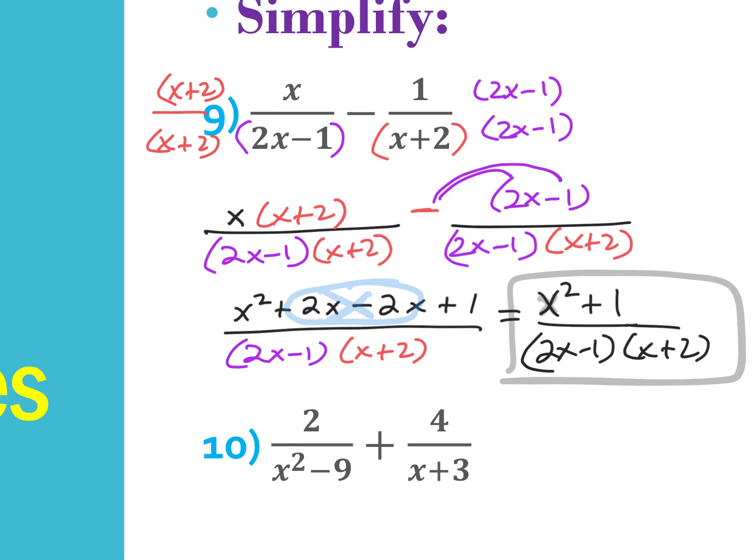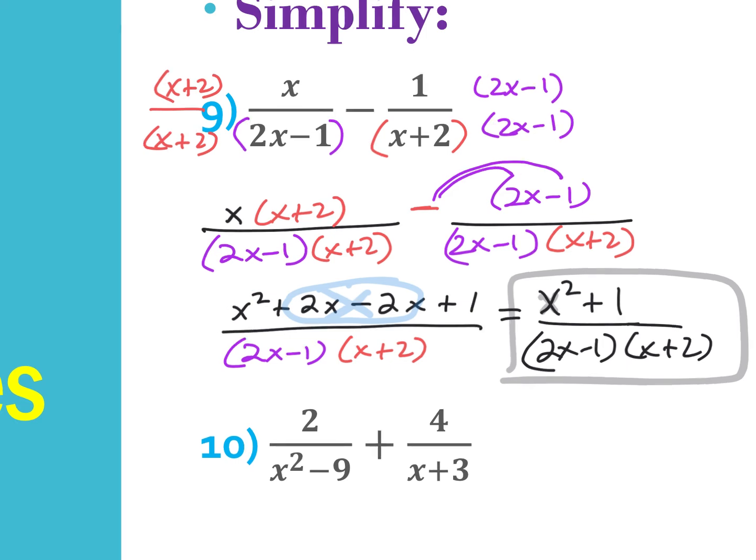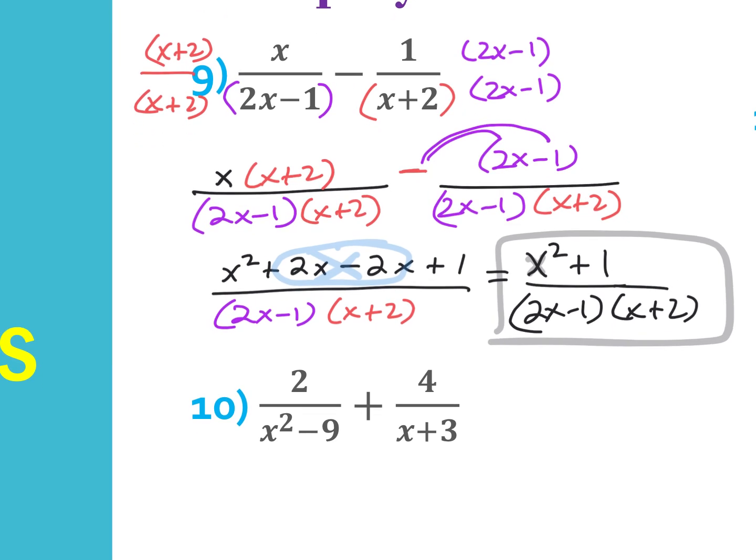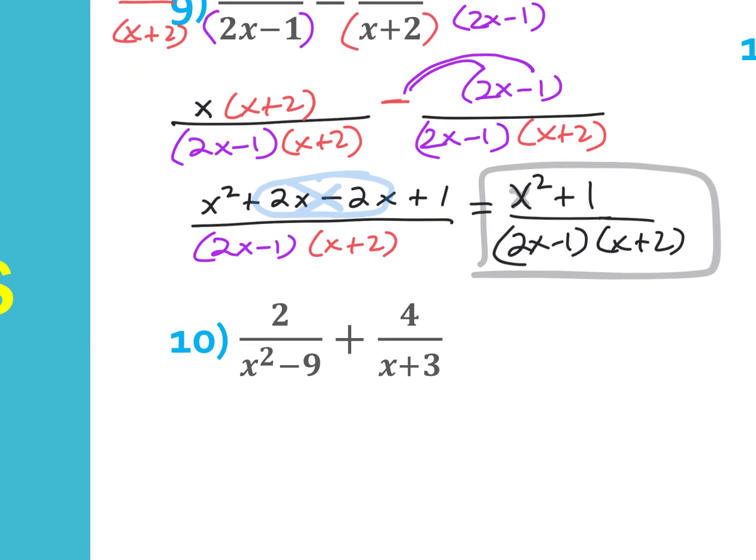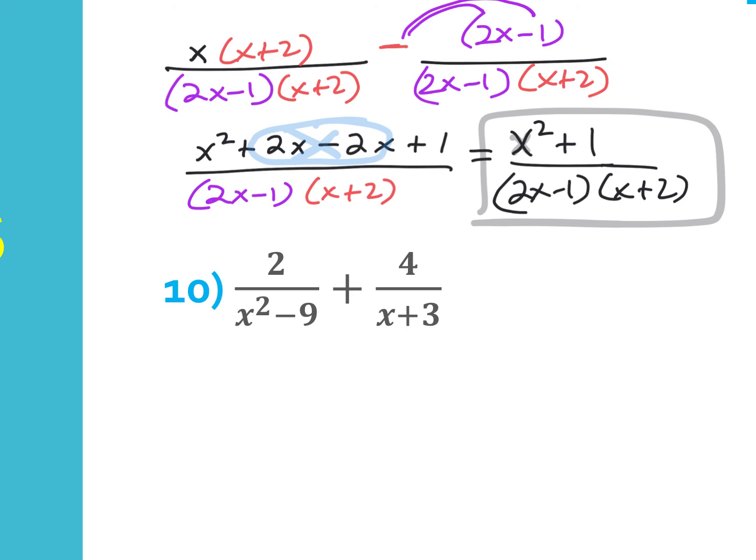Now, sometimes your denominator needs to be factored. So let's go ahead and factor that denominator, because in that difference of two squares here is one of the factors hiding. So this will factor into x minus 3, x plus 3. So let me go ahead and do that first. x plus 3, x minus 3, and then 4 over x plus 3.